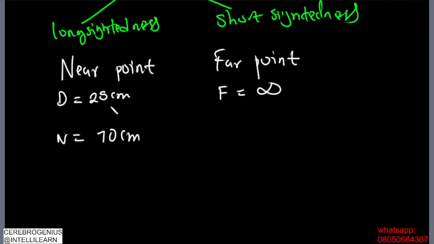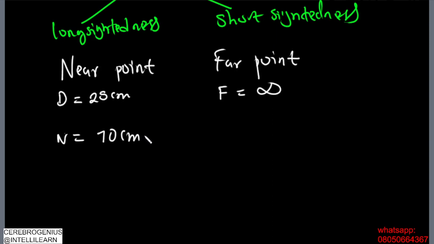It means that when you are bringing an object close to this person, and the object gets to a distance of maybe like 100 centimeter from the person, the person will still see it. 90 centimeter from the person, the person will still see it. And at 70 centimeter the person will still see it clearly. But once it comes within 70 centimeter, the person can no longer see that object. So what are we going to say is happening to the person?